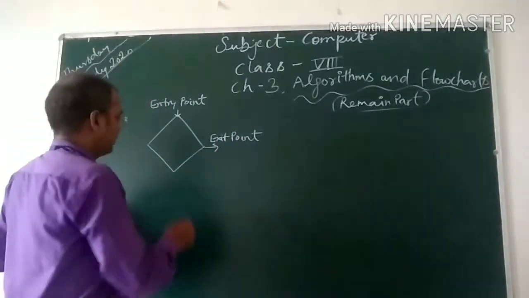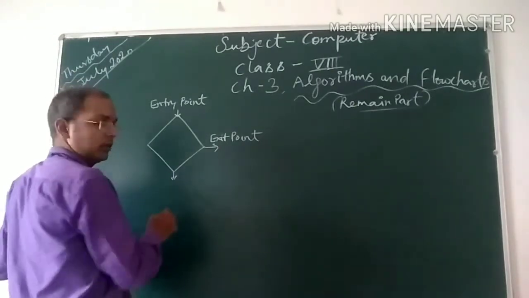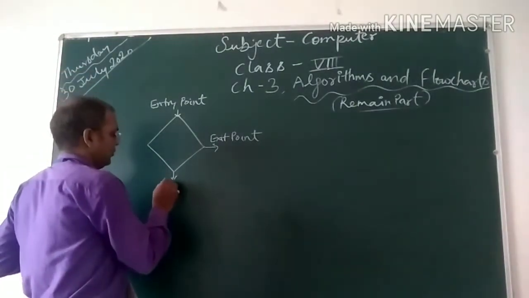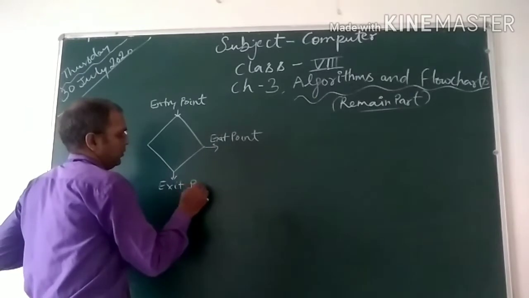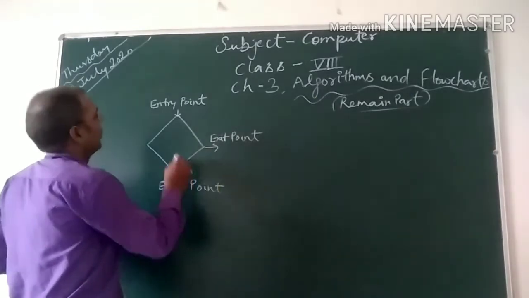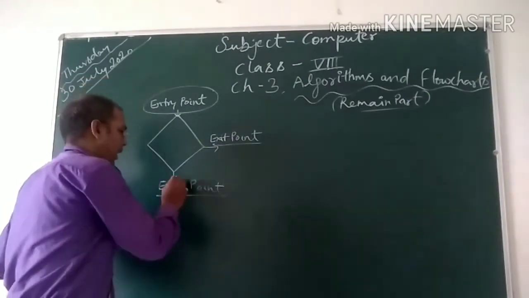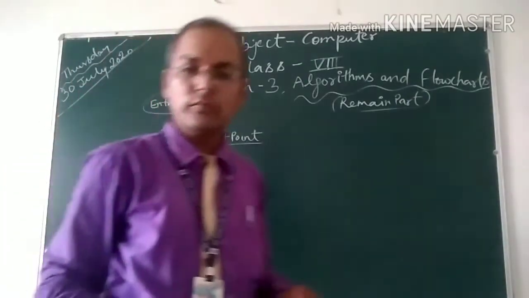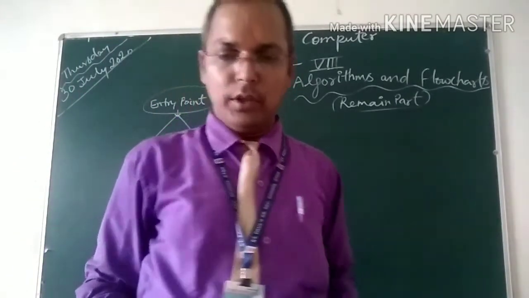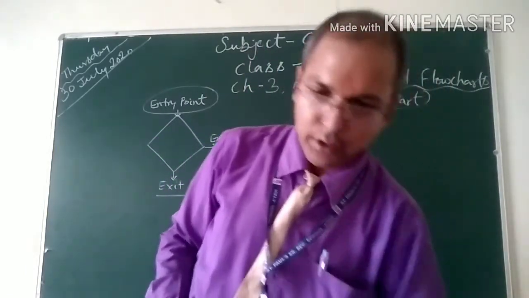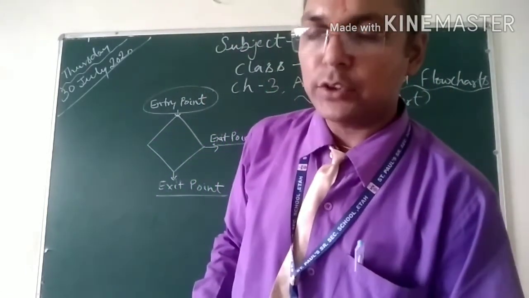Next, exit point. One entry point and two exit points. This is the decision symbol. And next in this chapter are the flow chart symbols.